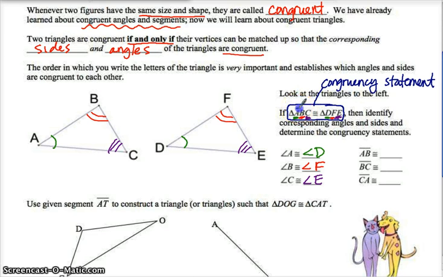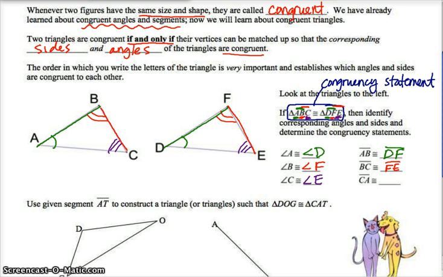Now for your sides, we're going to look at the combination of letters. So these first two letters here, A, B, are going to be congruent to the first two letters here, which are D, F. So that means side AB is congruent to side DF. And then your second two letters, BC, are going to be congruent to your second two letters, FE. So that means side BC is congruent to side FE.